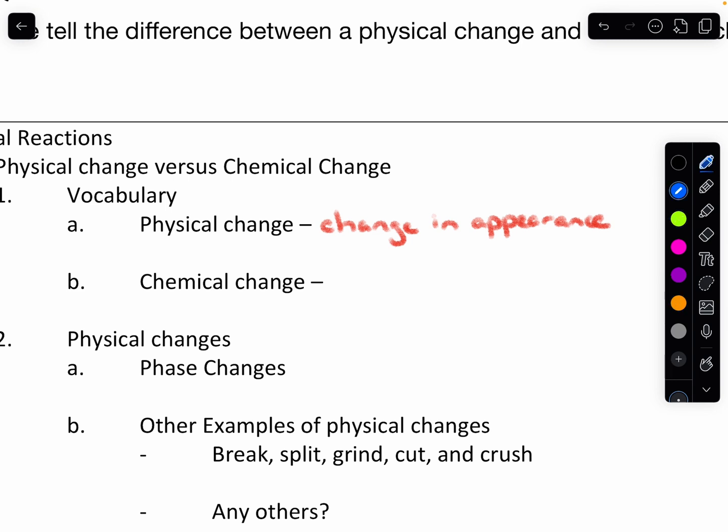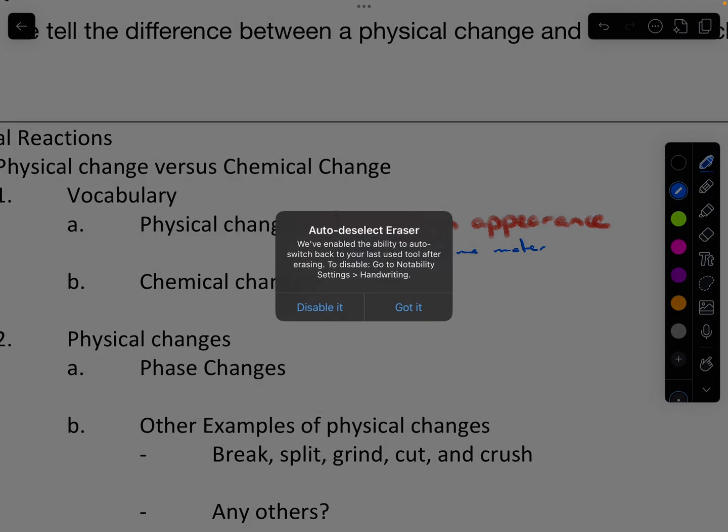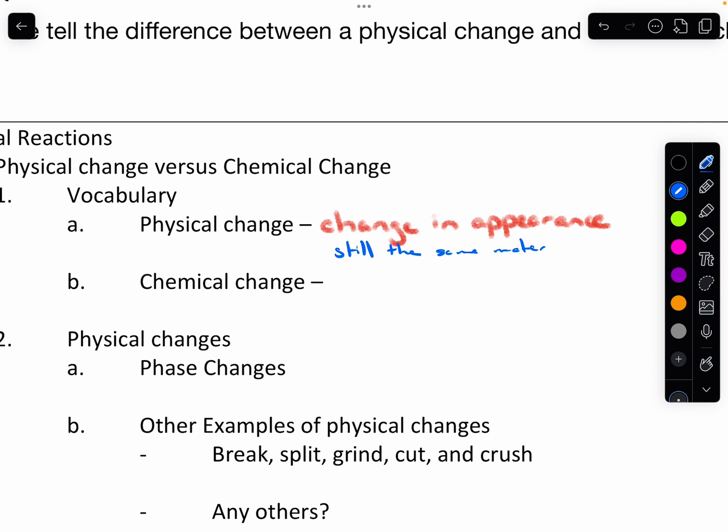So it looks different, but it is still the same material, or substance. Nothing changed there. We have the same substance. Nothing changed about it. Change in appearance looks maybe different, but it's still the same thing.